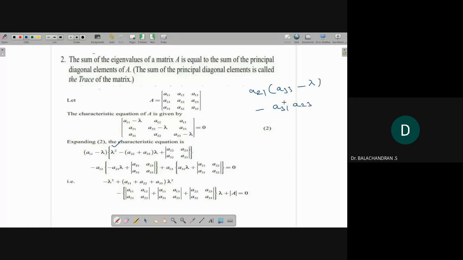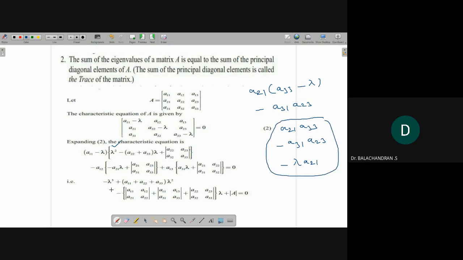So if you do it like this, what you have is A21, A33 minus A31, A23, and then finally I'll write minus lambda into A21. Okay, so I got these three terms.